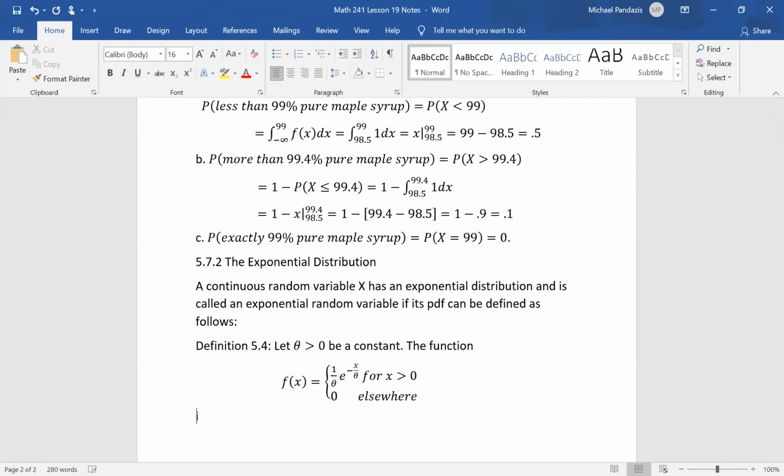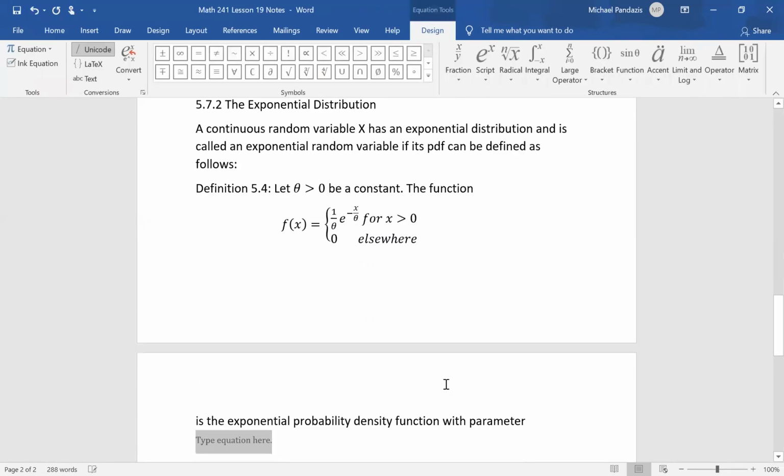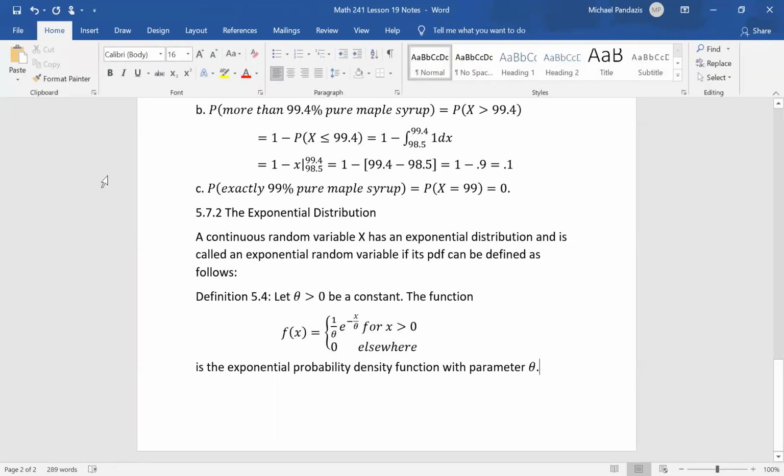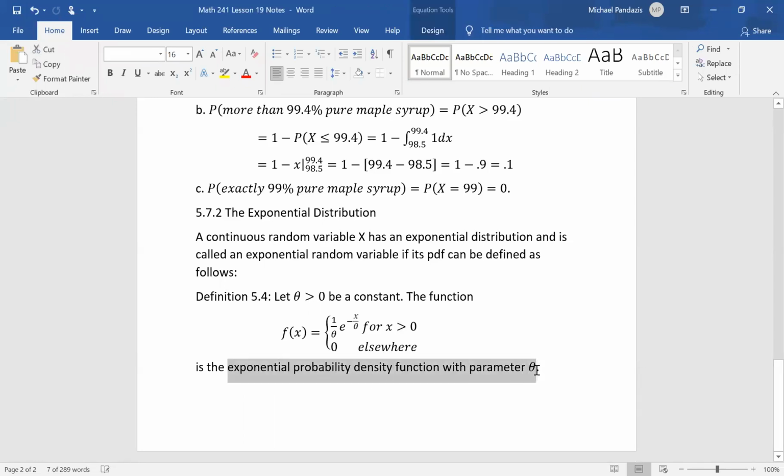That function is the exponential probability density function with parameter theta.